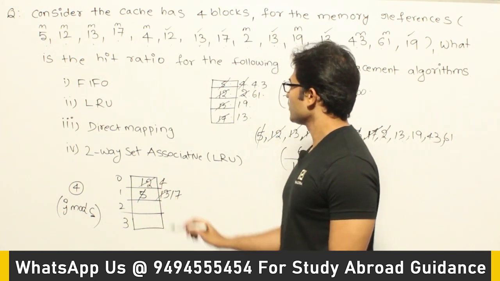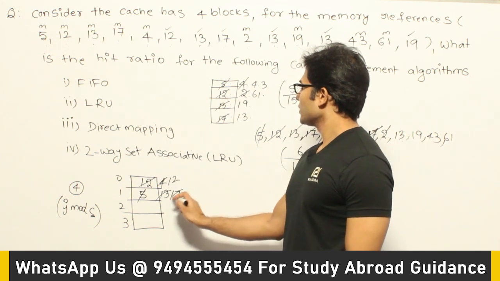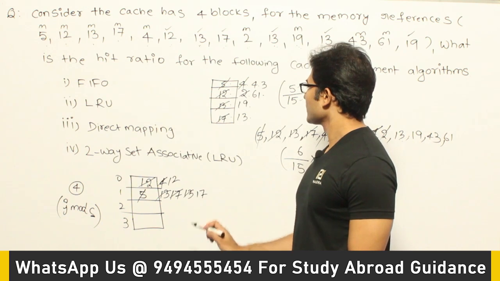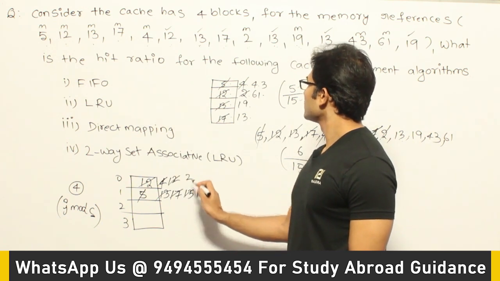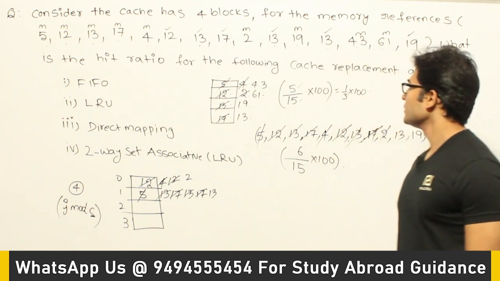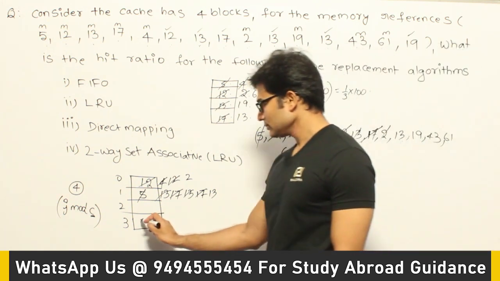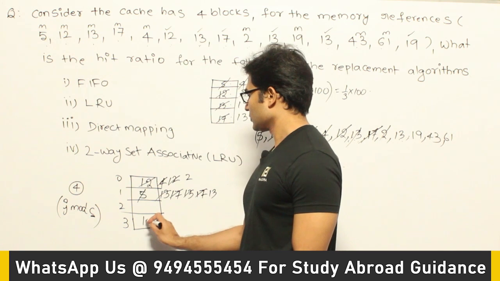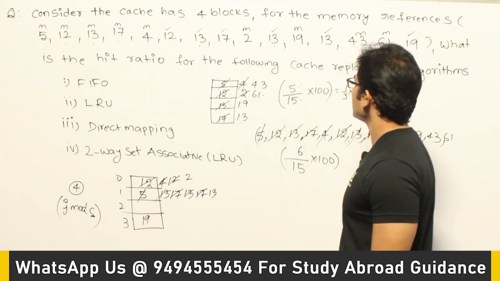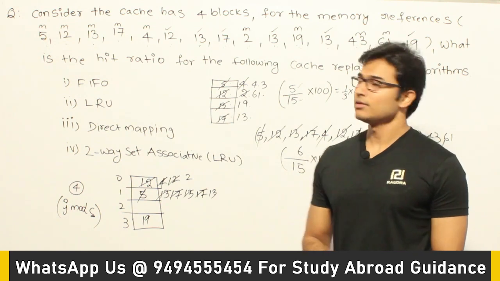What about 12? 12 here. 13 here. And again 17 here, 2 here, 13 again here, 19 means 3, 19 here, 13 means here, oh 13 is there, therefore you need not write it again.